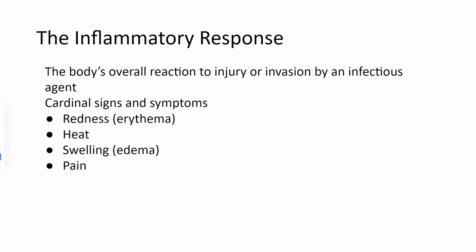It's just injury. So you could have injury, like tissue damage, or you could have an invasion of infectious agents, or both. And that's going to stimulate the inflammatory response, or inflammation. There are 4 cardinal signs of inflammation: redness, heat, swelling, and pain.